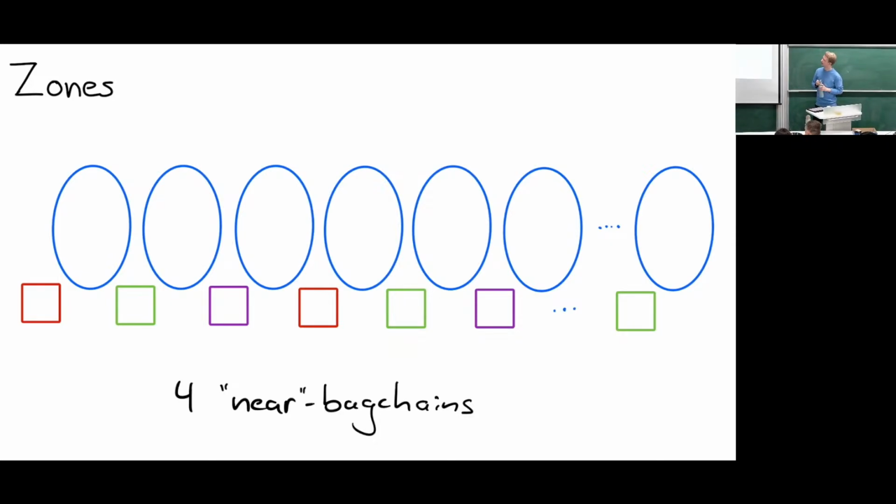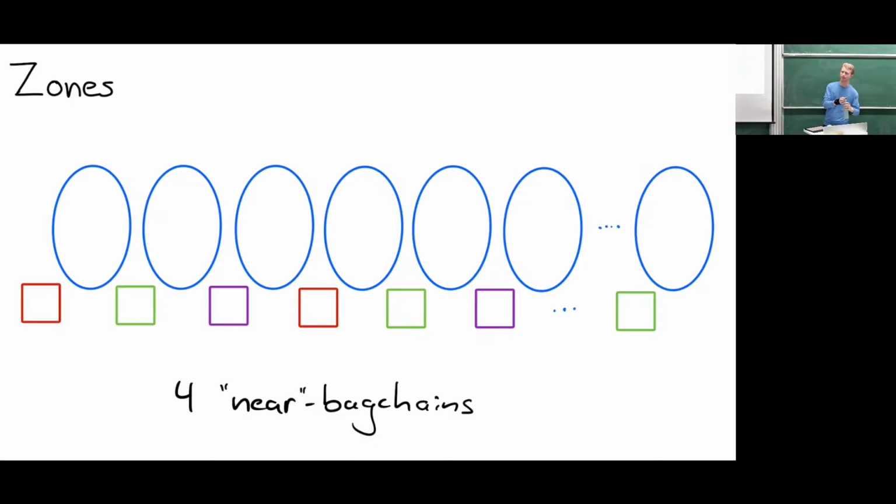And these are what we'd like to call near bag chains. They are bag chains with the relation between them, but the dichromatic number of each set is not exactly what we want. They're not constant. We have some upper bound for them.